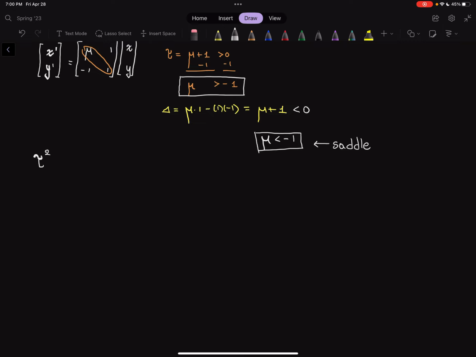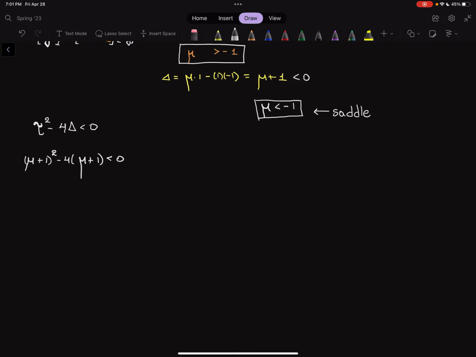T squared minus 4 delta needs to be less than 0. So t squared is going to be mu plus 1 squared minus 4 times our determinant, which is mu plus 1, should be less than 0.